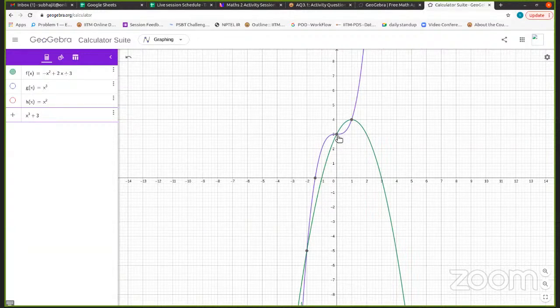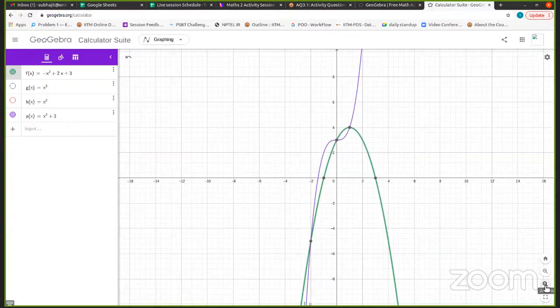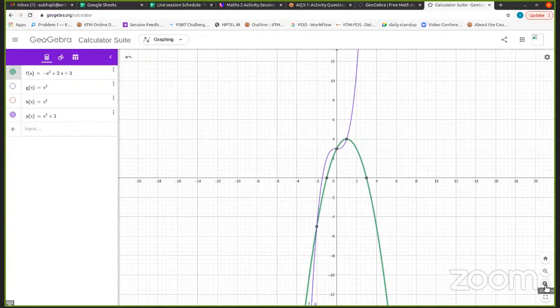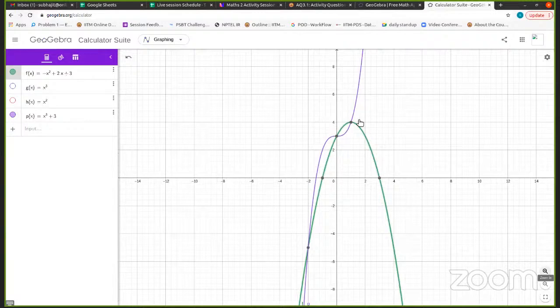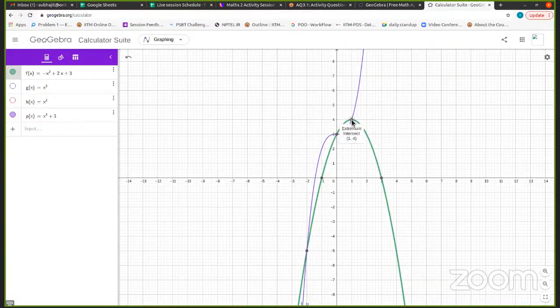So observe that this green portion, this quadratic portion, is for 0 to closed 50. This quadratic portion, this green function. And this blue function is for open 0 to minus 50, right? So you can see that at 1 we have a local maxima.